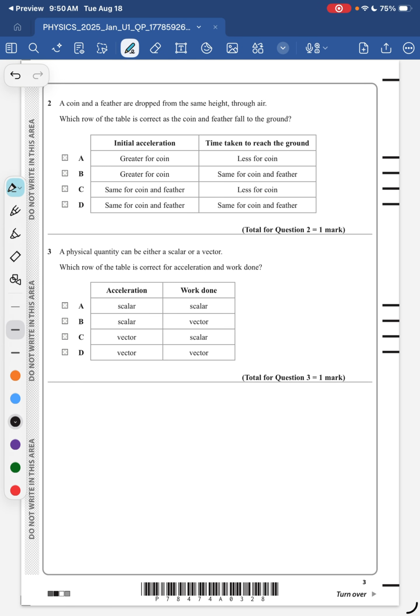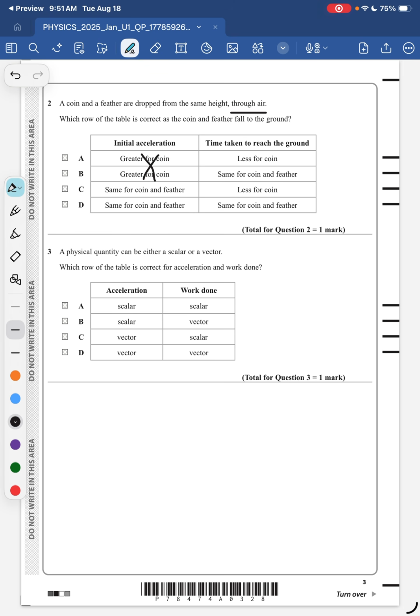A coin and a feather are dropped from the same height through air, okay? So that's the key there, because if it was through a vacuum, they would fall at the same time. Anyway, which row of the table is correct as the coin and the feather fall to the ground? The initial acceleration should be the same for both objects, so options A and B are wrong.